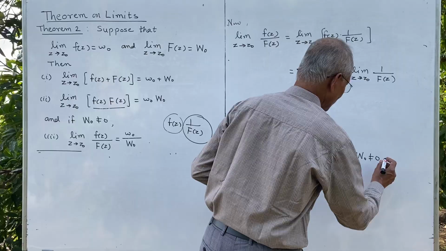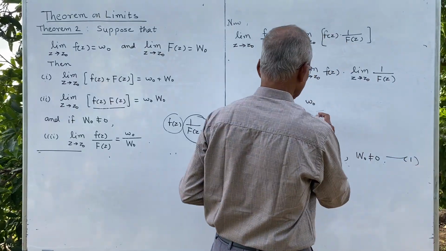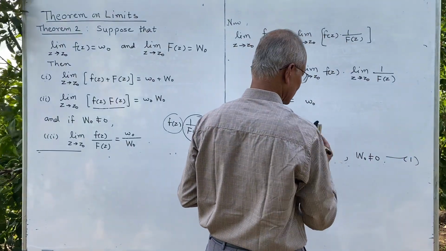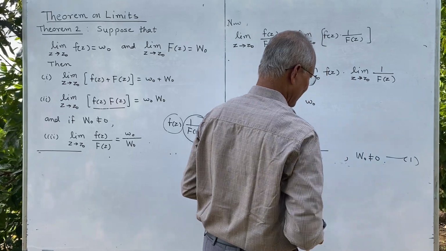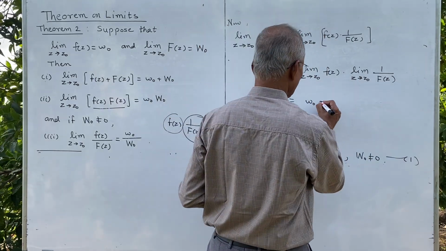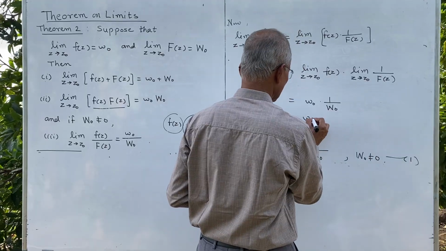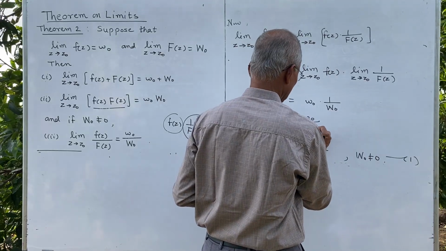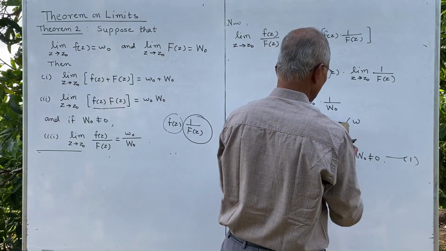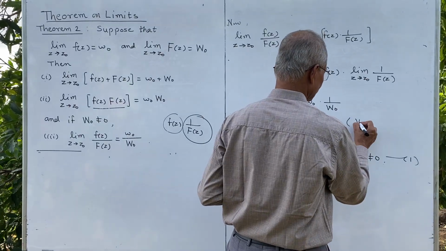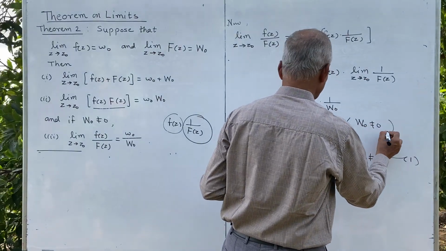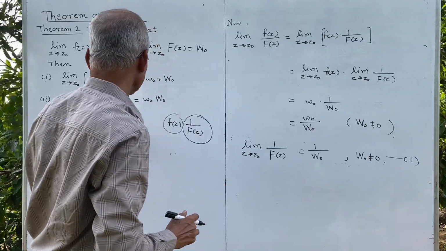This we may suppose as statement 1. This is 1 upon w naught, or this is w naught divided by capital W naught, capital W naught is not 0, and thus we have proved this result.